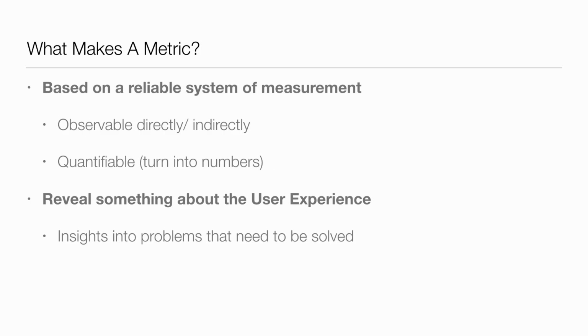Now, a metric must be based on reliable data. What is reliable data? It's something that you can directly or indirectly observe, and you must turn it into a number. You must quantify it. So you can't say it's a little fast or it's a little slow, because a little doesn't mean anything. It's all relative.